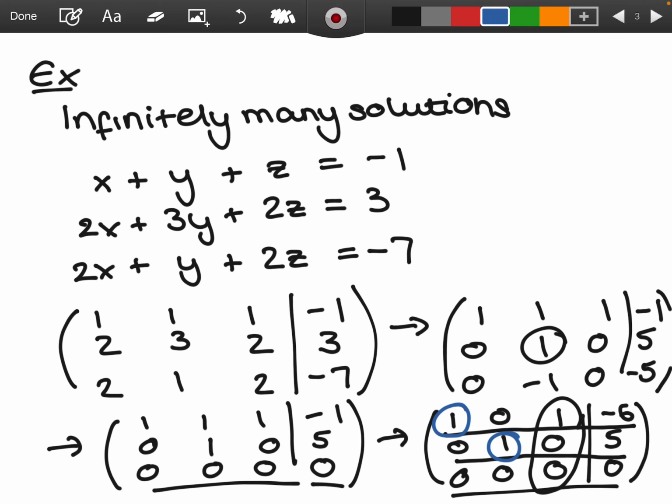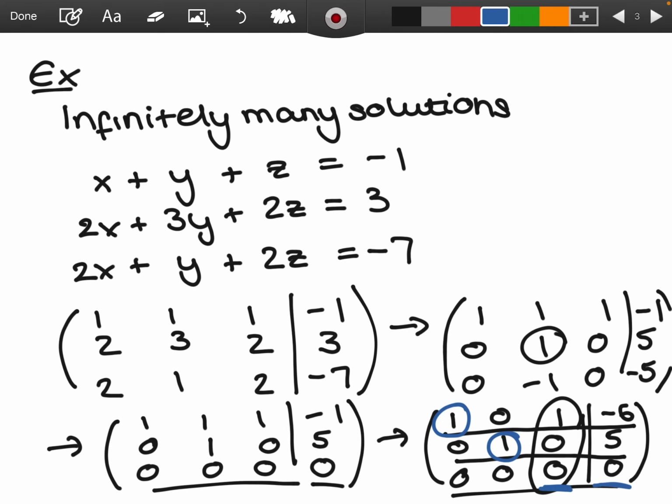So we do not have a pivot in our third column because a pivot has to be non-zero. You can't pivot around something that's 0 because you can't make it into a 1 and you can't use that particular value to make everything below and above it a 0. So we don't have a pivot here, and we cannot use anything on our right hand side as a pivot because they're all constants. We're just looking at variables being our pivots.